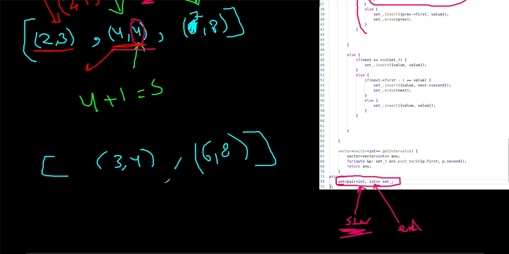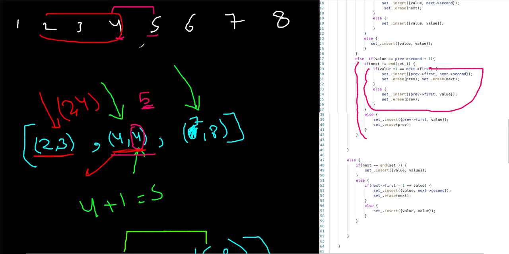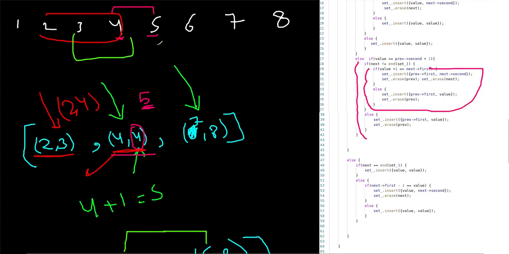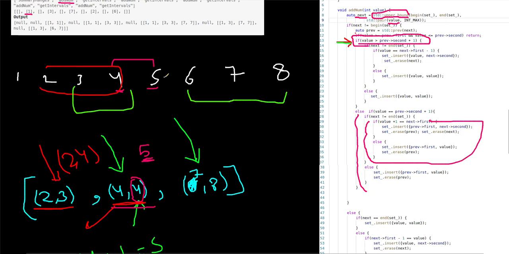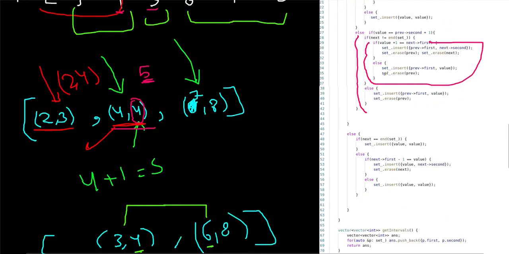Now if we want to add 5 equal 4 plus 1, and also 5 equals 6 minus 1, so we need to add 5 here, and this means we need to merge this and this, because this is 3 and 4, and this is 6 and 8, and we need to add 5, so all of these we need to merge them into one interval, and this is what we do here.